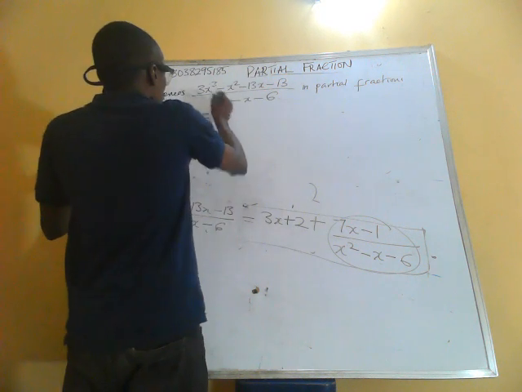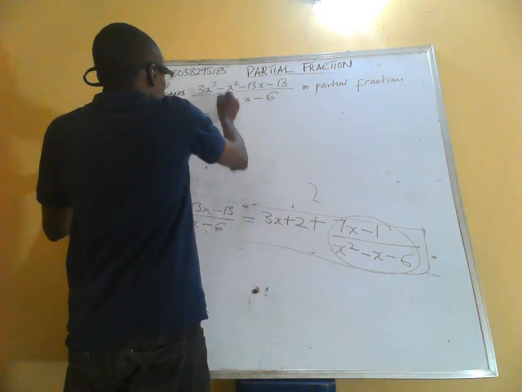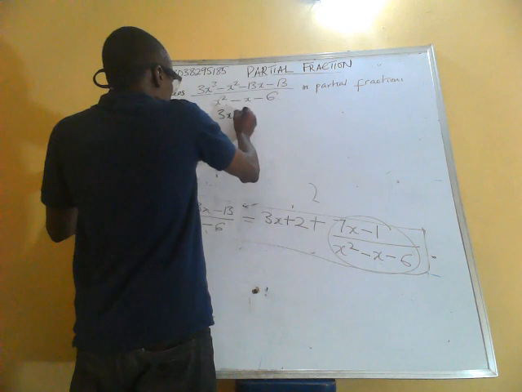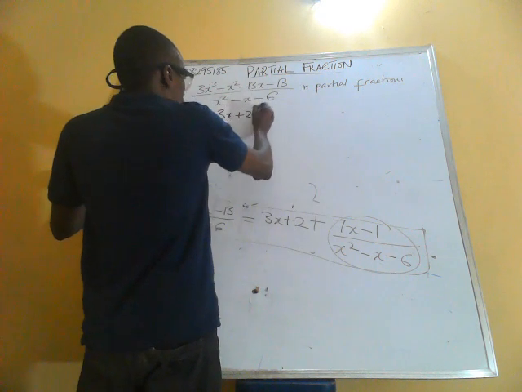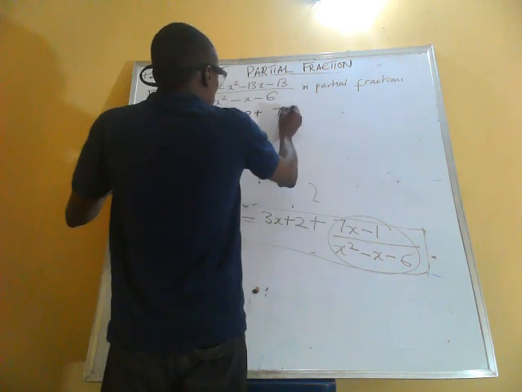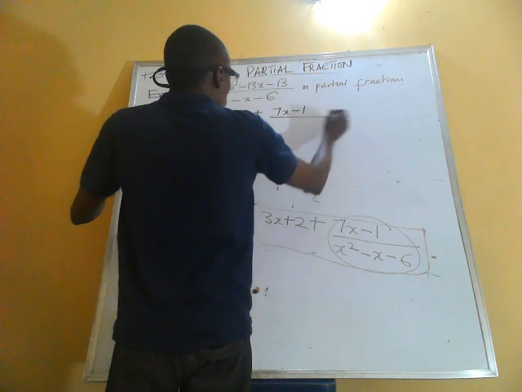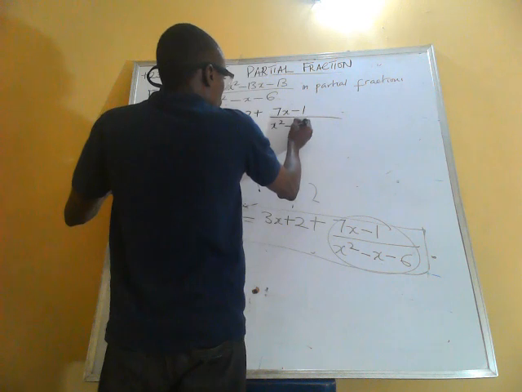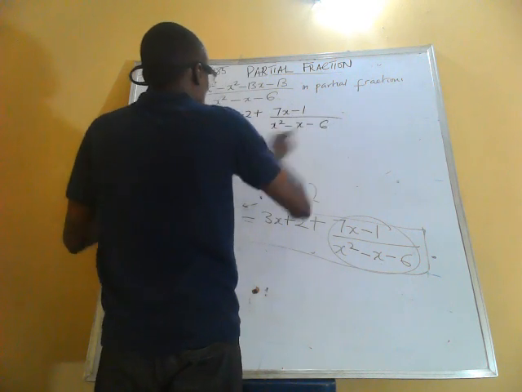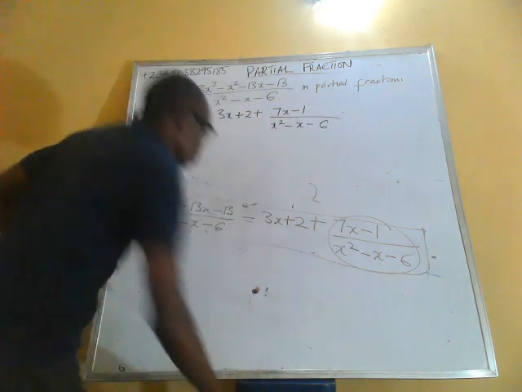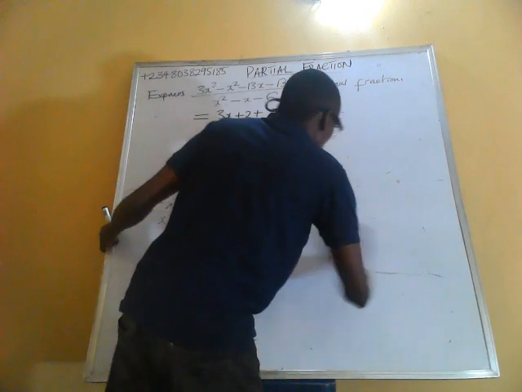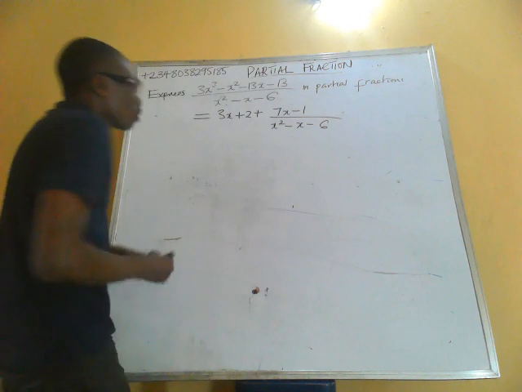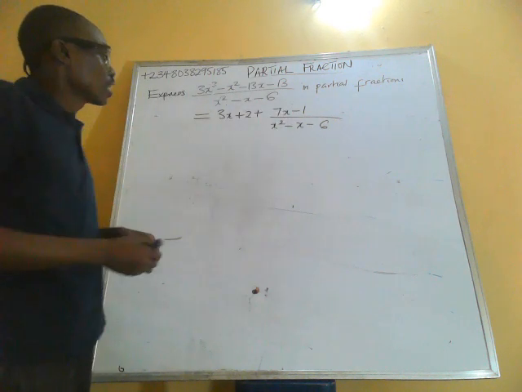This can be written in this form: 3x plus 2 plus (7x minus 1) all over (x squared minus x minus 6). So clean this off. Now this is the part we're going to break down into partial fractions.